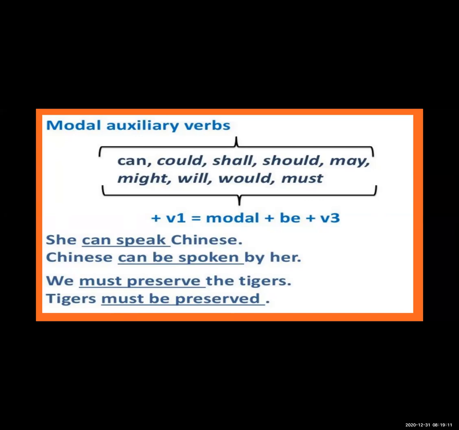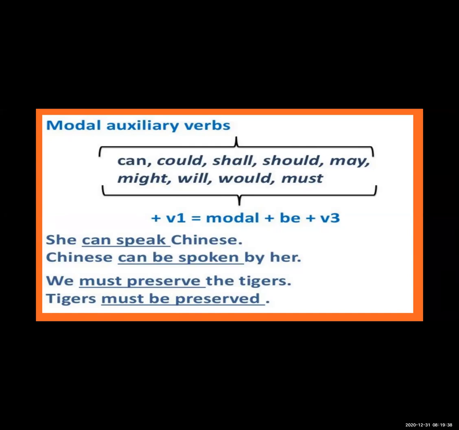So let's see what is the work. How do they perform? She can speak Chinese. Now Chinese is the name of a language, so it will not change, or we will not add anything to that. We will take it as it is, Chinese. See here how the transformation occurs from active voice to passive voice. Firstly you have to take the object.